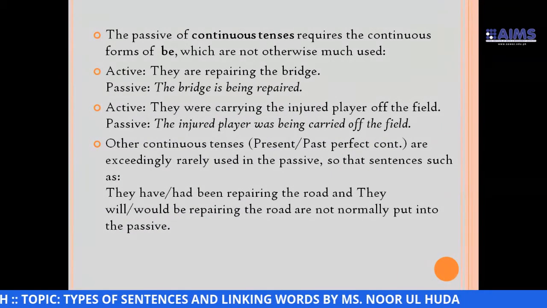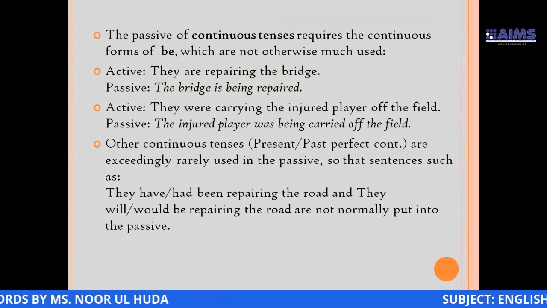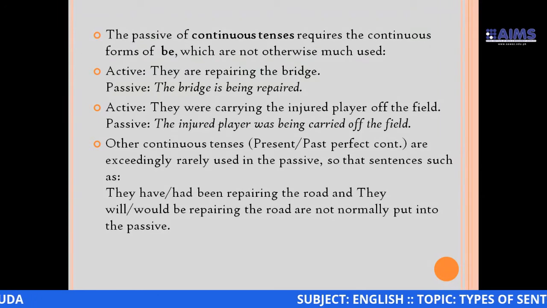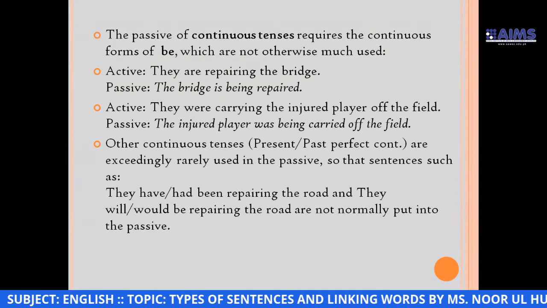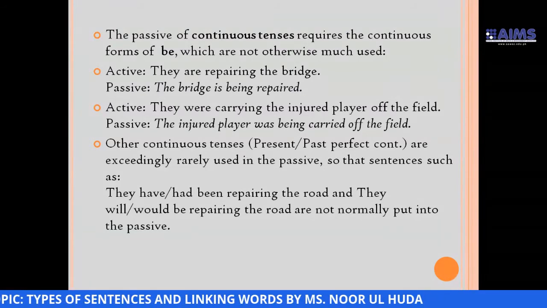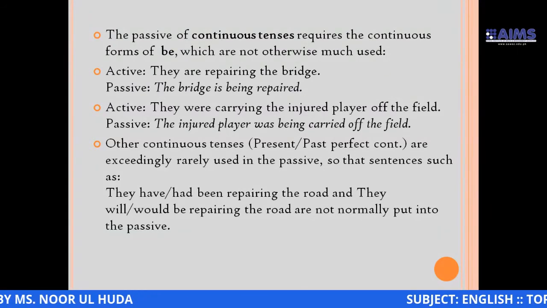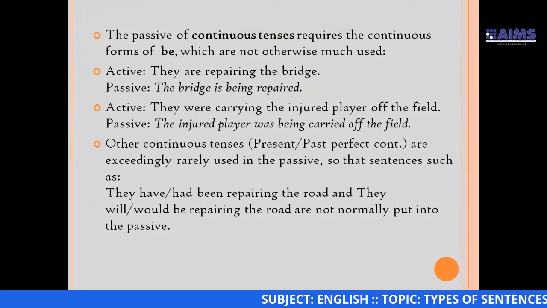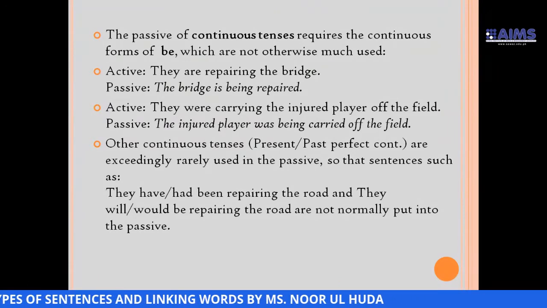The passive of continuous tenses, meaning present continuous or past continuous, requires the continuous form of be. The continuous form of be means is being, am being, are being, was being, were being, will be being.